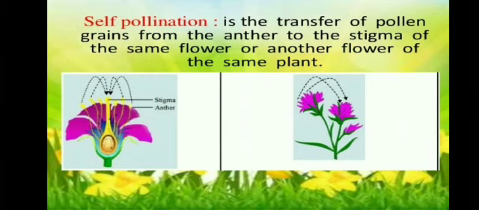You can see in the first picture, the anther transfers the pollen grains to the stigma of the same flower. Whereas in the second picture, the anther transfers the pollen grains to the stigma of another flower of the same plant. So self-pollination occurs in the same plant, either in the same flower or in another flower.